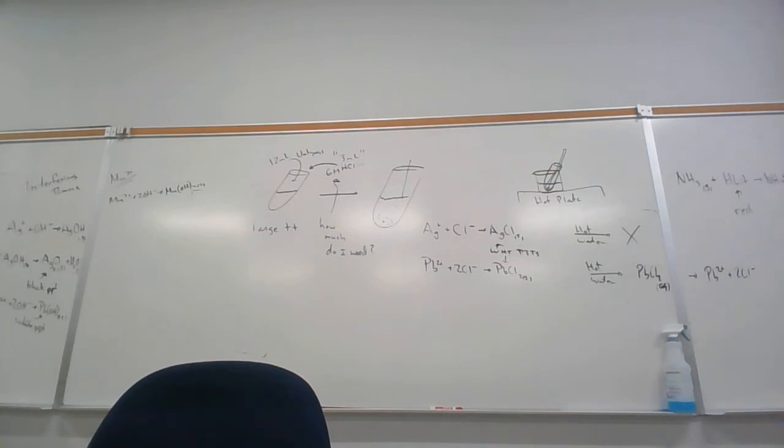The lead-2 chloride redissolves to form lead-2 ions and chloride ions, which is here but not shown. And the silver chloride will remain as a solid precipitate. So we have a pretty good idea. If you have a white precipitate here, it's most likely silver chloride.